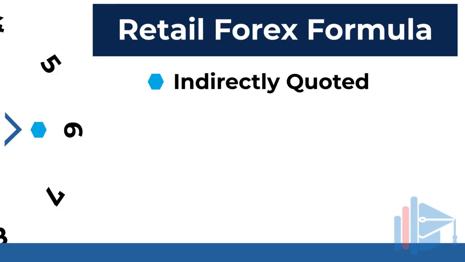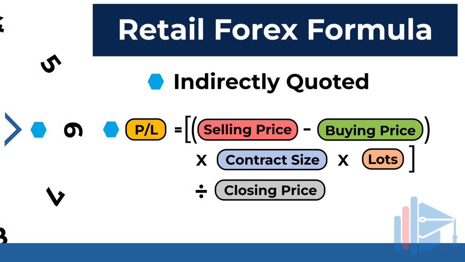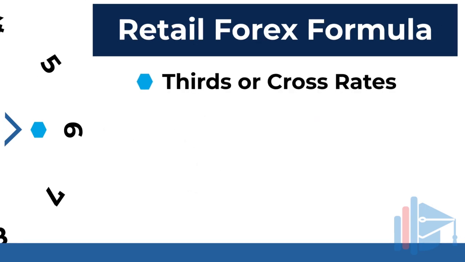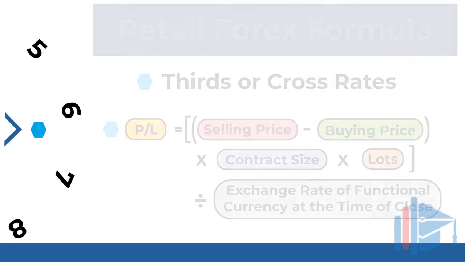In indirectly quoted, for example USD JPY and USD CHF, P&L is equal to selling price minus buying price times contract size times lots divided by the closing price. In thirds or cross rates, P&L is equal to selling price minus buying price times contract size times lots divided by the exchange rate of functional currency at the time of close.